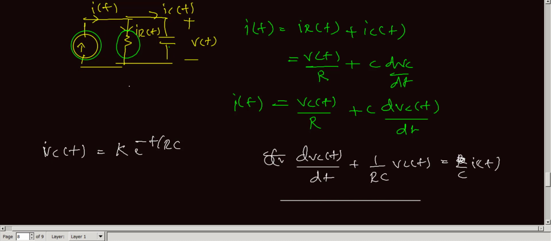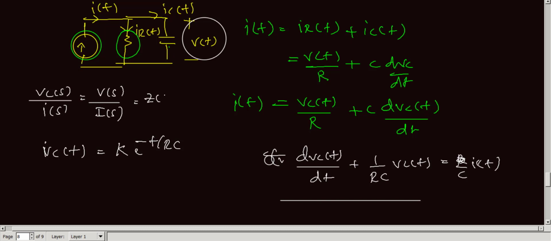For the steady state response, you see here the response is the voltage across the capacitor, Vc of s by I of s. The voltage across the capacitor is the voltage across the resistor, which is the voltage across the current source, that equals V of s by I of s, which is Z of s.